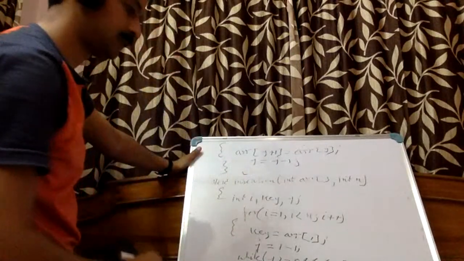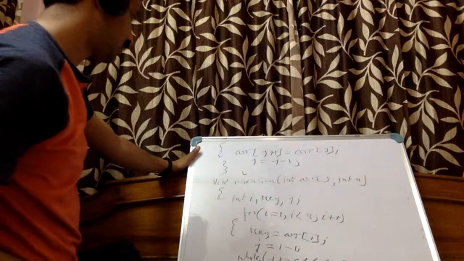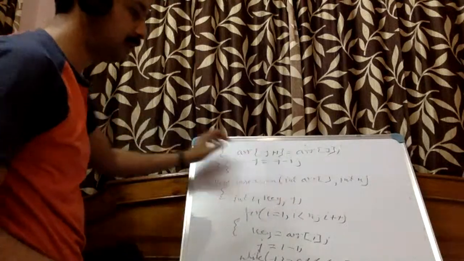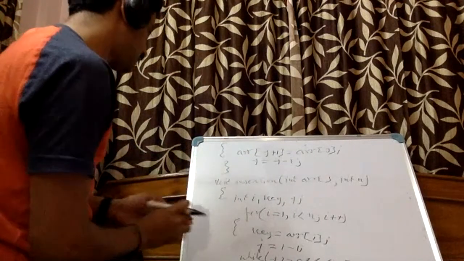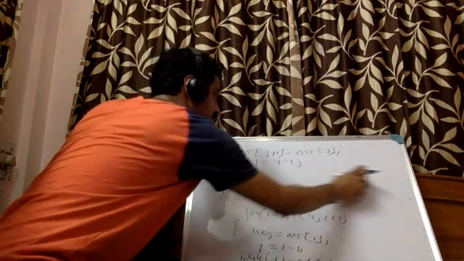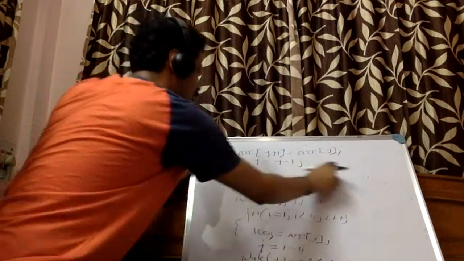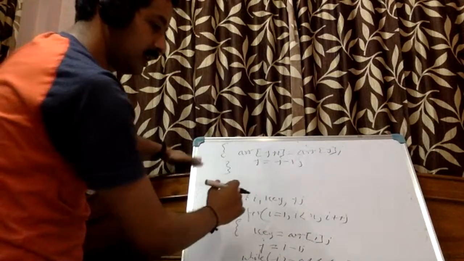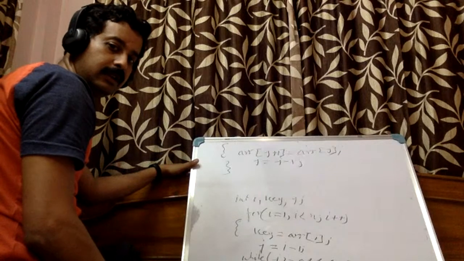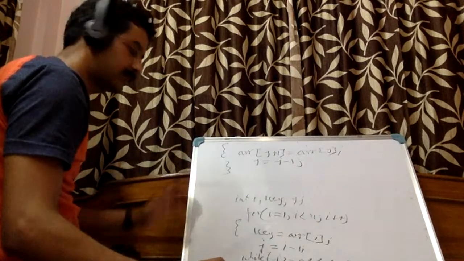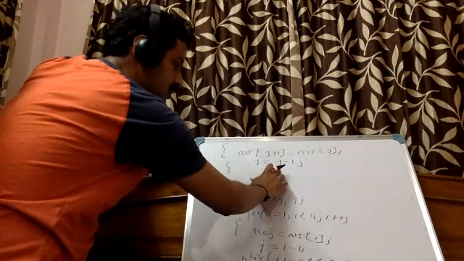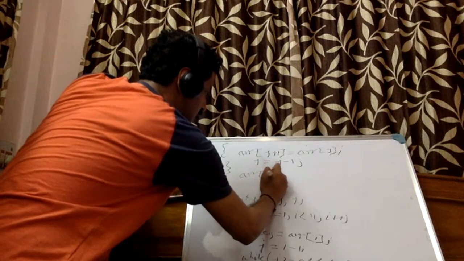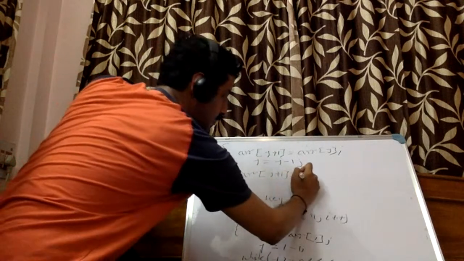I'm just erasing this line. It is not possible to write the entire thing on the board. I will give you the entire program in Moodle. Right now, j equals to j minus 1, and then arr[j plus 1] equal to key.